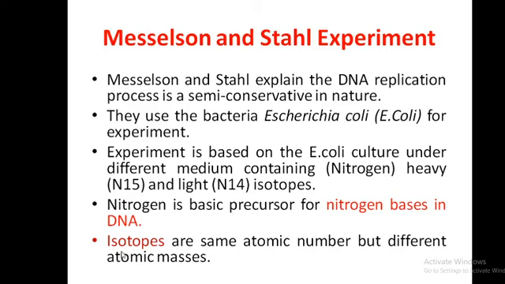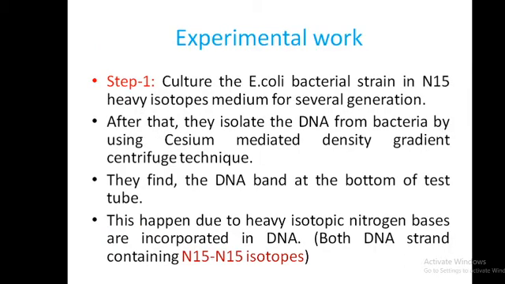So what are isotopes? Isotopes have the same atomic number but different atomic masses. That's why we select the isotopes. So what does the Meselson and Stahl experiment tell us?